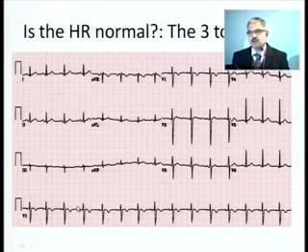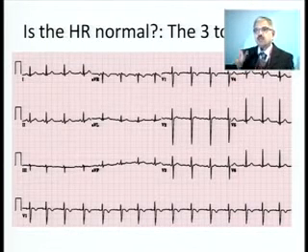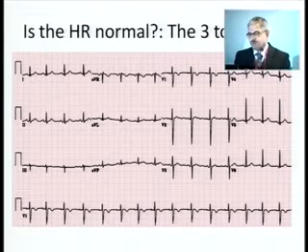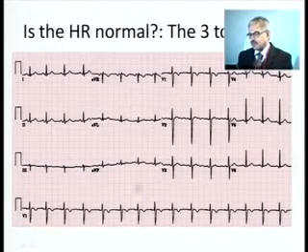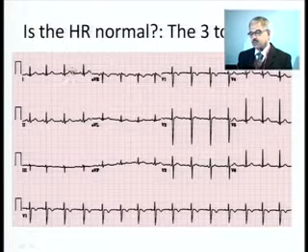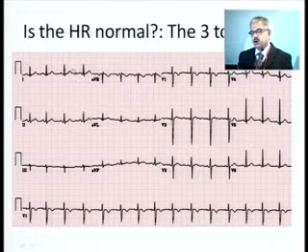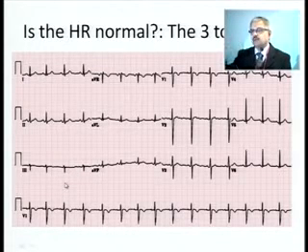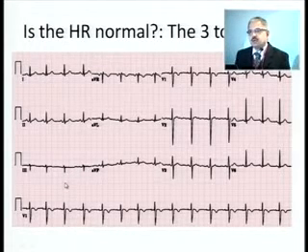Now let us look at it. How do we quickly decide whether your heart rate is normal? I call it the rule of 3 to 5. Now we know big boxes. So let us see how many big boxes there are. If it is more than 3 big boxes and less than 5 big boxes, it doesn't matter to me whether the heart rate is 90 or 70.